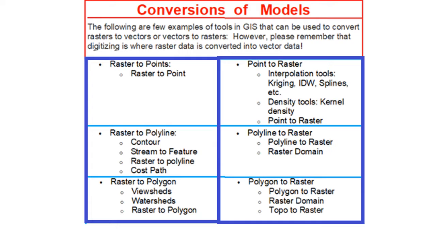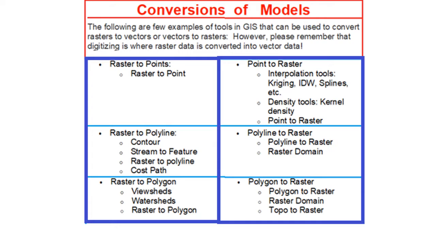The conversion of models. Following are a few examples of tools which we use in our GIS to convert from raster to, especially if they are points or polyline or polygon, and it can be converted into another kind of data format, and within how many types.